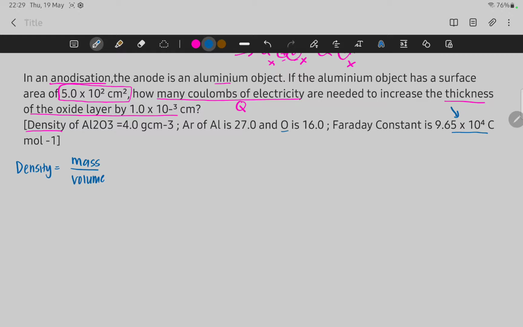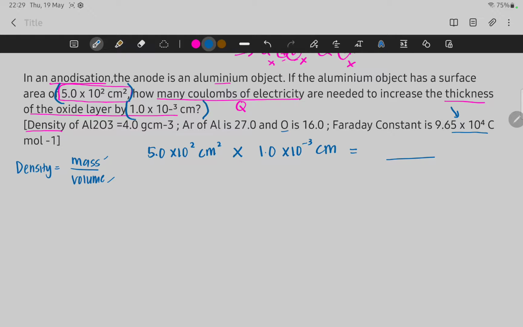If you want to put this inside the formula, you must have a mass and a volume, but there is no volume. This is where the question plays a tricky game. If you take a look at this one, 5.0 times 10 to the power of 2 cm squared, when you multiply this with the 1.0 times 10 to the power of minus 3 cm, the thickness, you multiply with the surface area, you end up getting the volume.